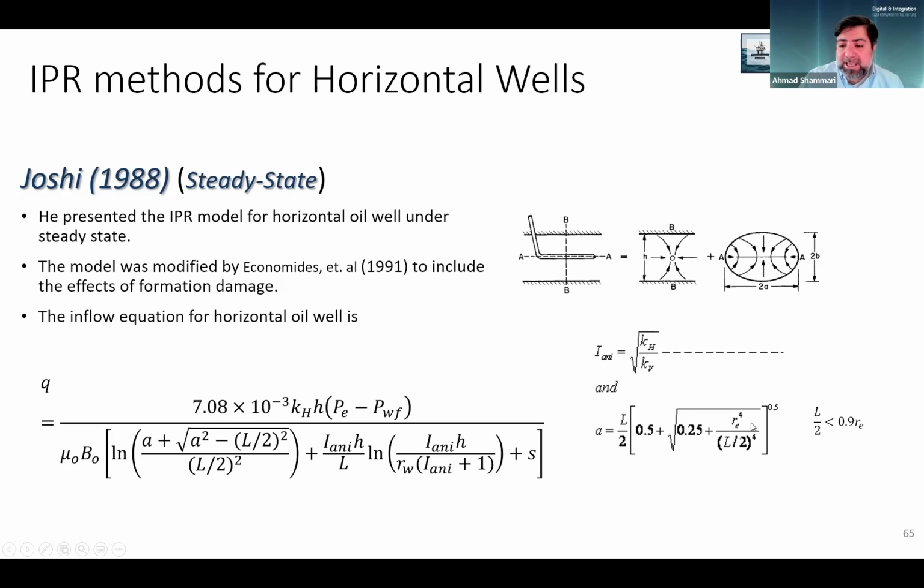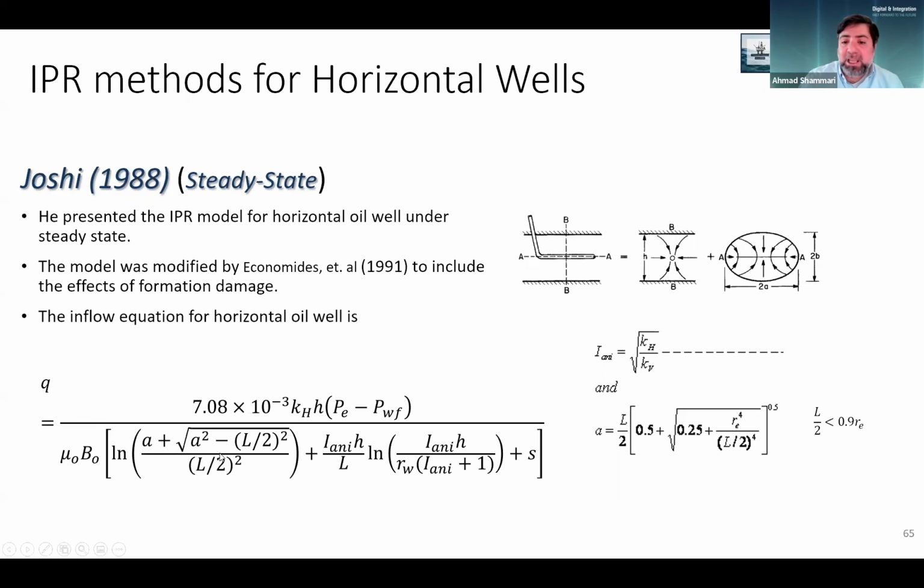So A is calculated from this term here. L is the horizontal length, right? So I know RE, I know the radius of the drainage area, sorry. So from this equation here, I can come up with A, and plug A into this equation.